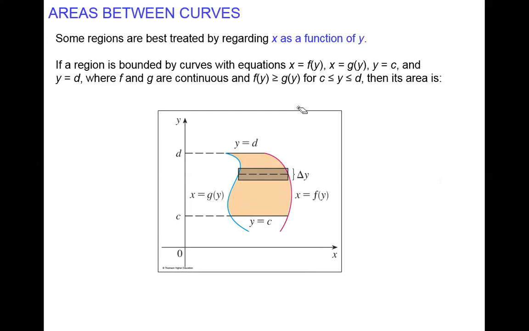And then I can simply subtract the area. It's the same idea, the same application, but everything is in terms of y. The limits are from C to D, and then the right equation minus the left one. Please remember, right minus left, or top minus bottom.